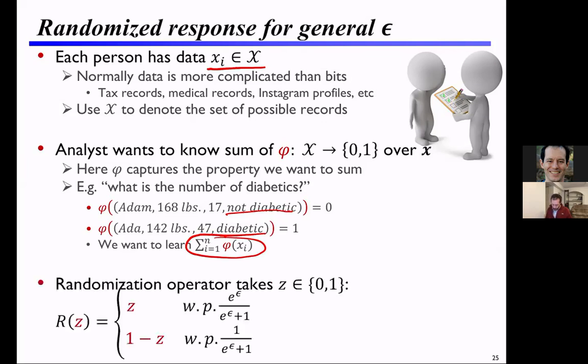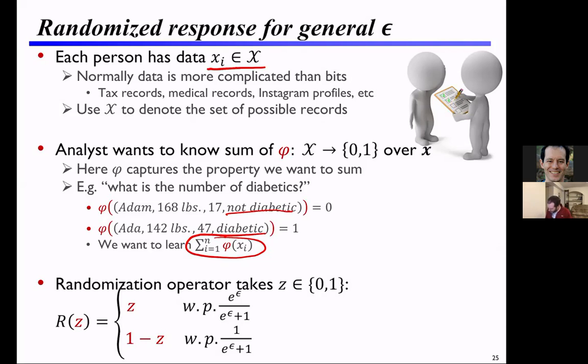Okay, and so a nice way to do that, which works for any positive epsilon, is to, instead of using the 2/3, 1/3 randomization, use different probabilities. Namely, given an input z that's either 0 or 1, this R operator maps a bit to itself with probability a little bigger than a half, and maps it to the opposite value with probability a little smaller than a half.